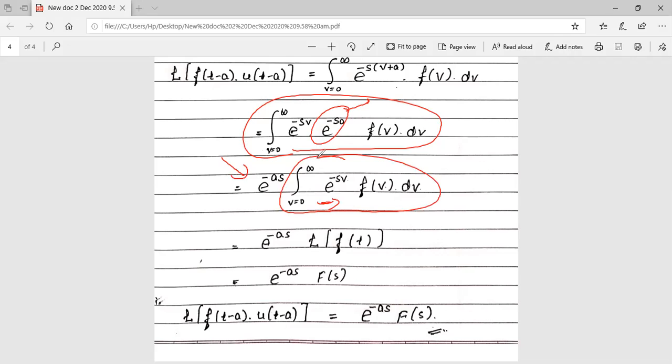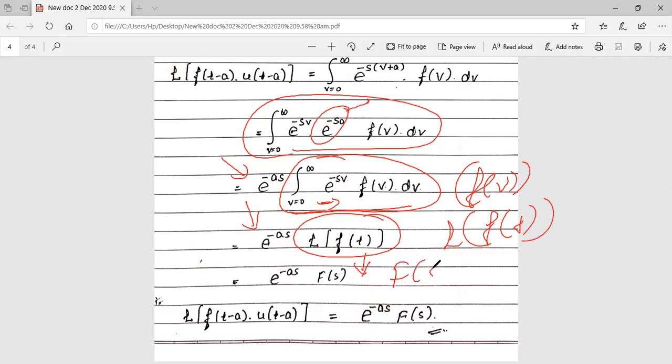This whole term is our Laplace transformation of the function f of t. So e to the power minus as stays as it is, and this whole term we take as the Laplace transformation of f of t, or we can write it as capital F of s.